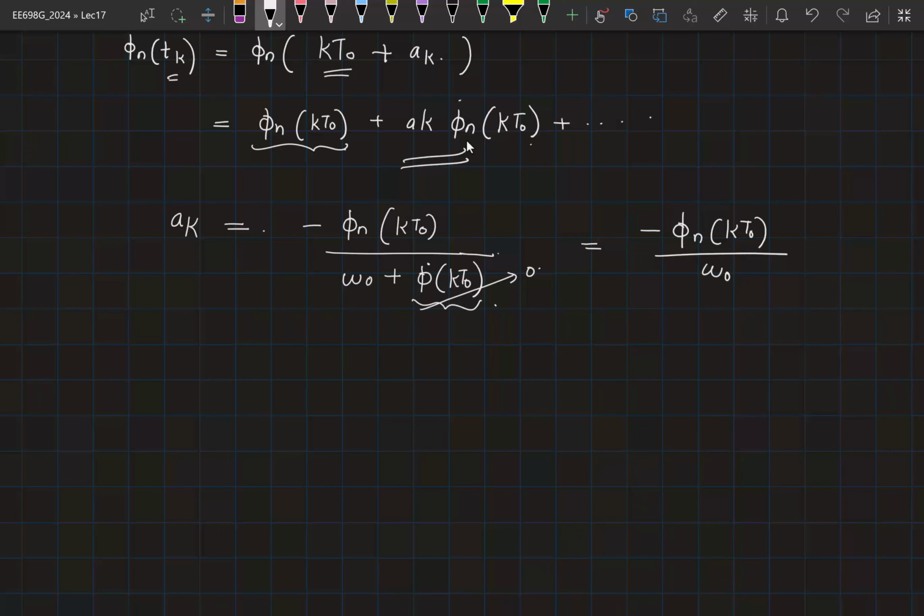So let me clearly write down the assumptions we have made. The first assumption we made was that Ak, the absolute jitter value, is small.